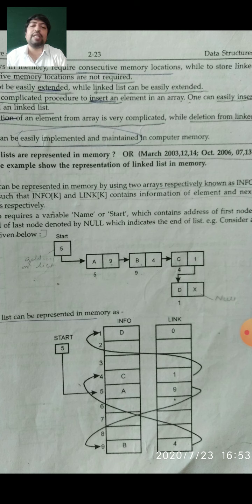Total index part is 9. Just insert the info part at the given index number. So in number 5 there is A, in number 4 there is C, in number 9 there is B, and in number 1 there is D.